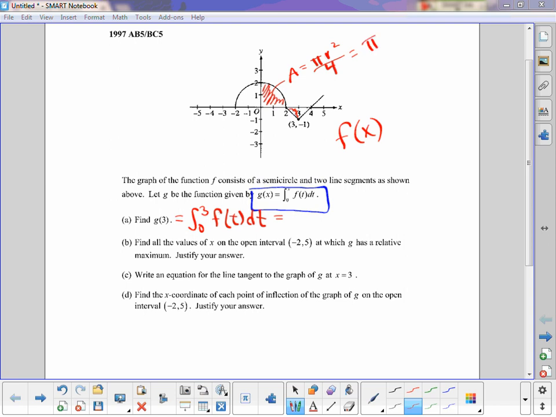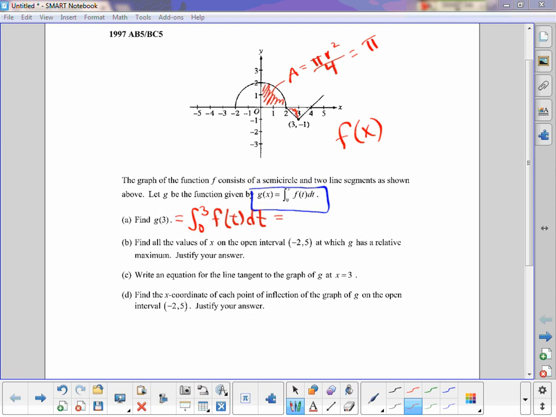And this can be a positive pi? It doesn't say in terms of pi, so could we do either? Great question. You want to go ahead and leave it in terms of pi because I would think this to be a non-calculator one. Good question.